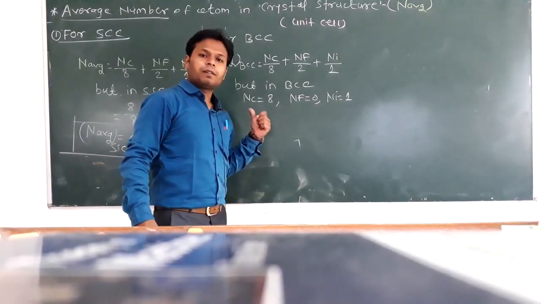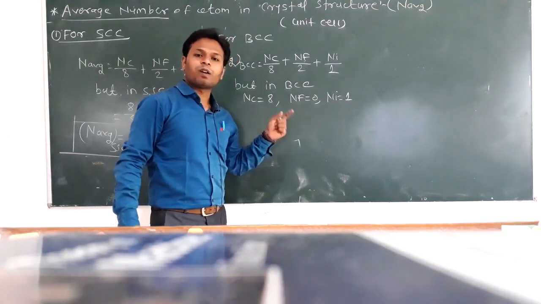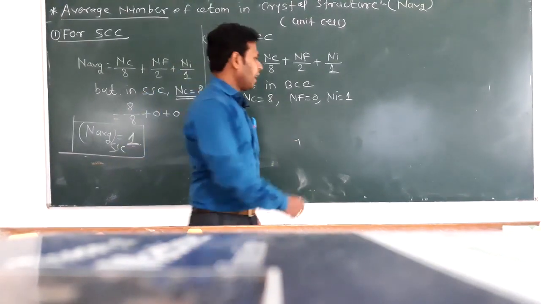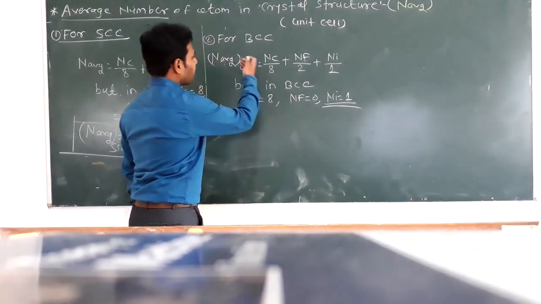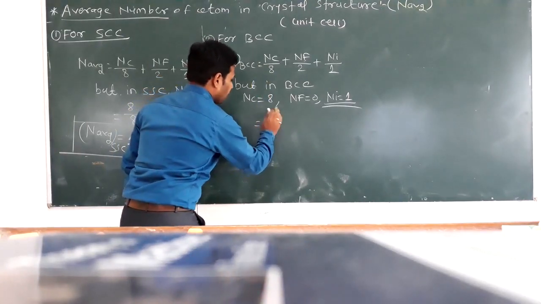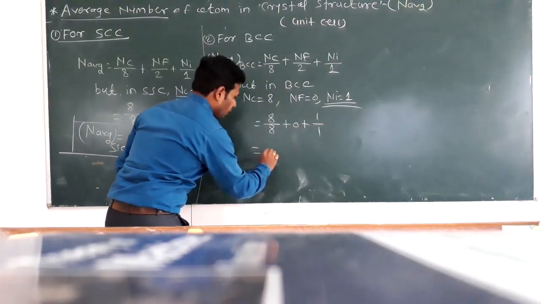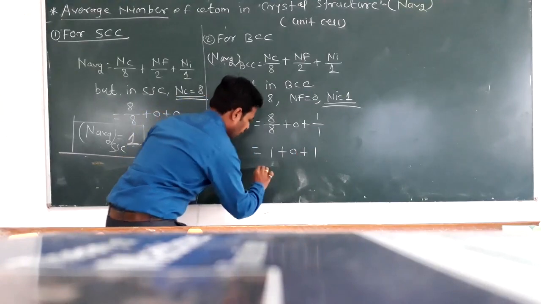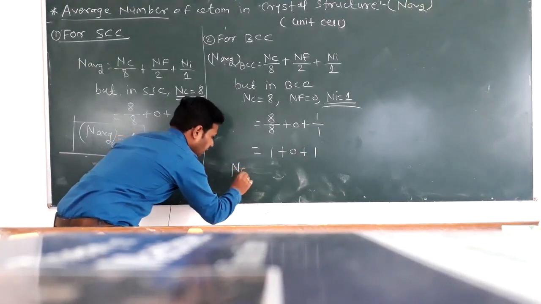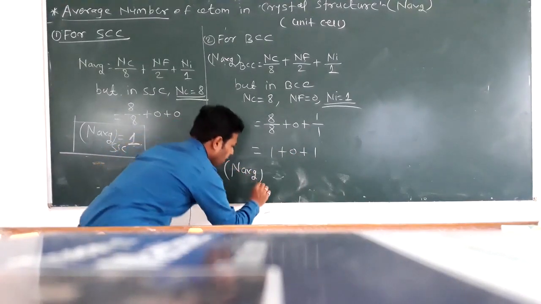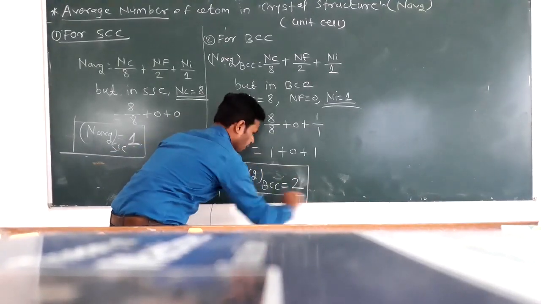We saw in the previous video that there are 8 atoms at the corners and one atom at the body of the crystal. Then we put this value in the formula: 8 upon 8 plus 0 plus 1 upon 1. So 1 plus 0 plus 1 is equal to 2, which means the average for BCC is equal to 2.